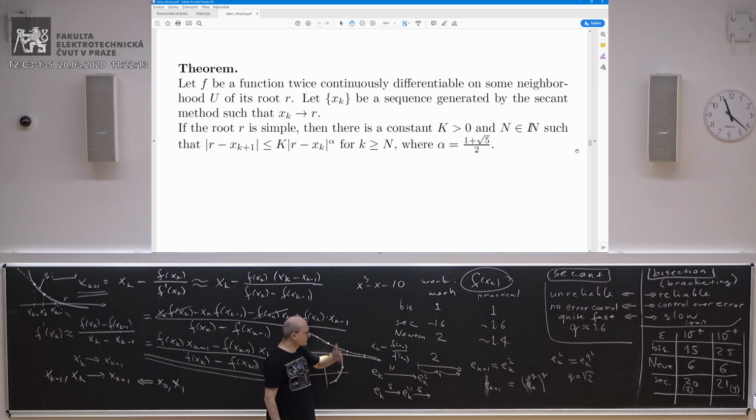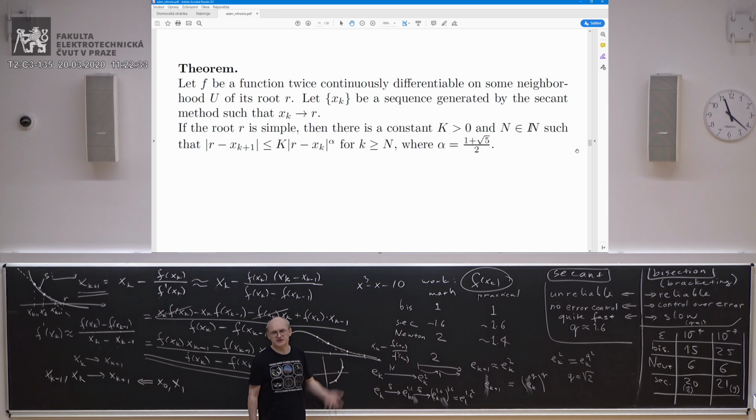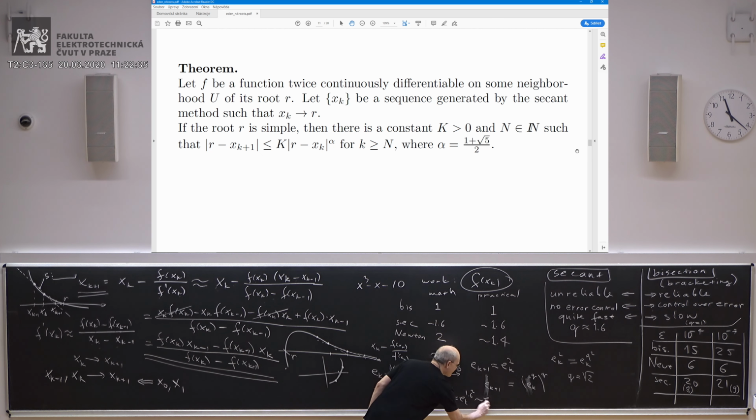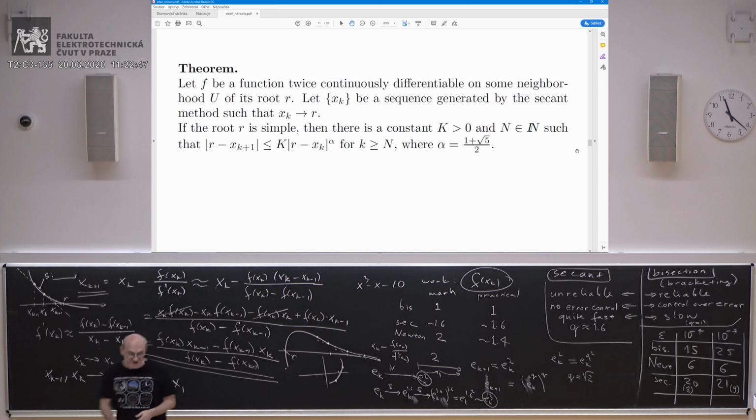Measured by time, not by cycles, this is the same. So the secant method can actually make 2 steps, and the 2 steps mean that I'm taking ek to 1.6 and again to 1.6, so it's ek to 1.6 squared, and 1.6 squared is about 3, roughly. So the improvement in error is much better for secant when I measure it by, let's say, the time spent on the calculations.